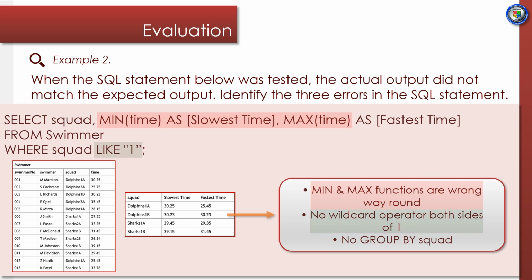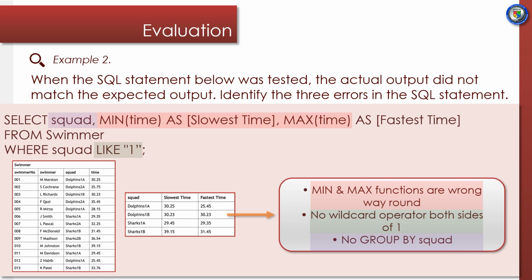Our second issue would indicate that we have no wildcard operators on either side of the number 1 in our where clause. So that should read where squad like wildcard 1 wildcard to identify if a 1 is somewhere within that squad name.